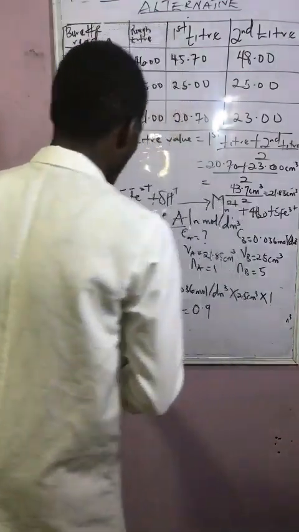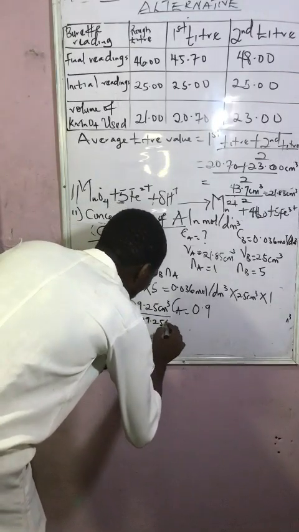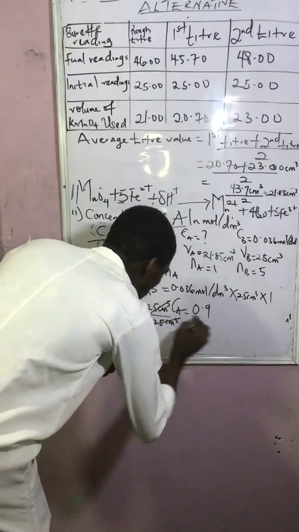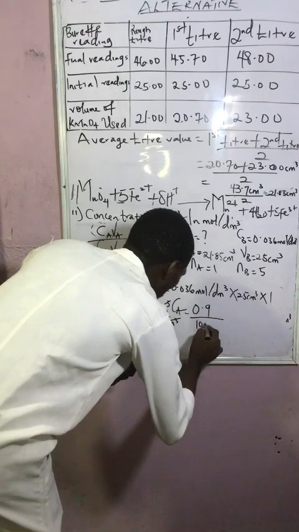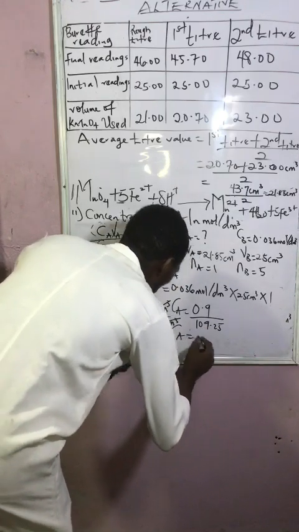So when you divide both sides by this cm cube, this cancels this, so we have Ca equals 0.9 divided by 109.25. Don't forget the unit.